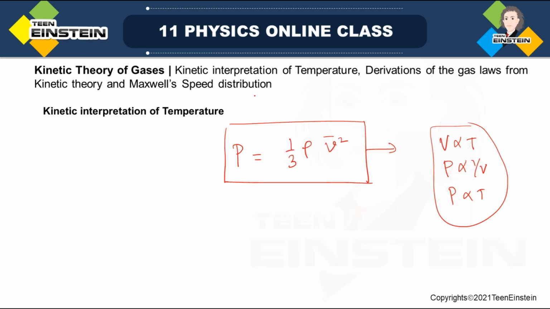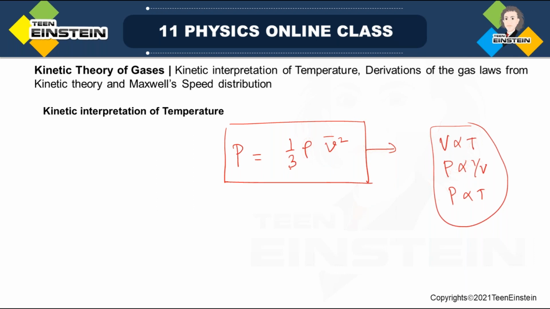This is also an important topic, even though we are not going to the detailed derivation, we'll just learn a few things which are outcomes of the Maxwell speed distribution curve, or the speed distribution equation.